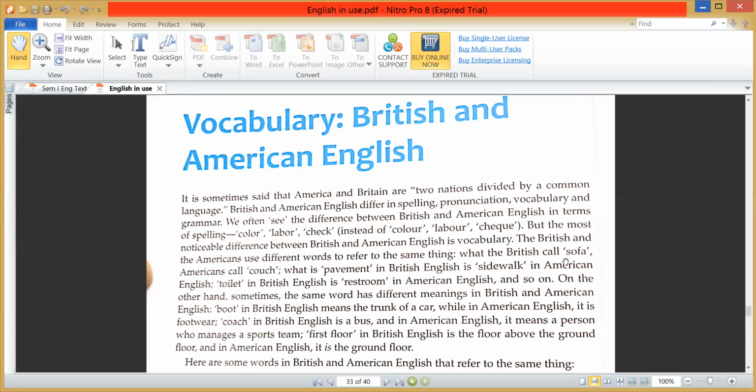The basic idea is that British English is the oldest language, whereas American is a new one which is coming up. English emerged from England only.